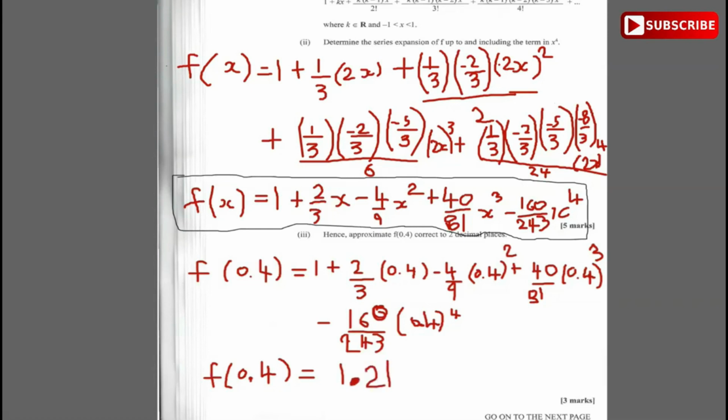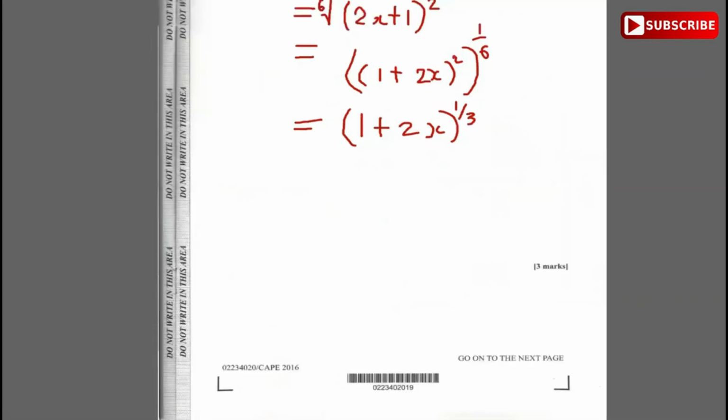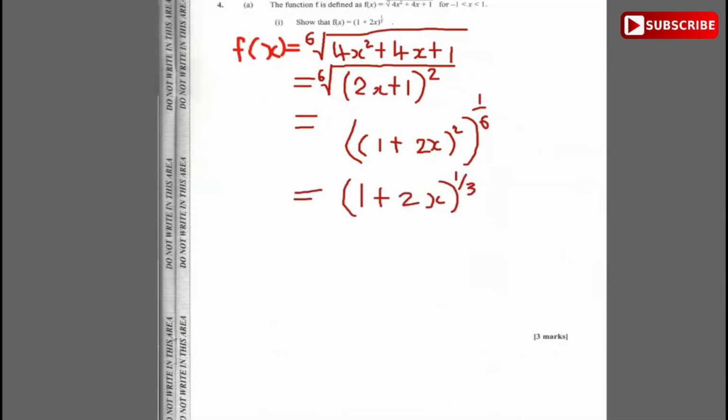Now, just to check if our answer is correct, what I'm going to do is plug in 0.4 into the original function, just to check if the two answers are close. If they're close, then I know we didn't make any error.